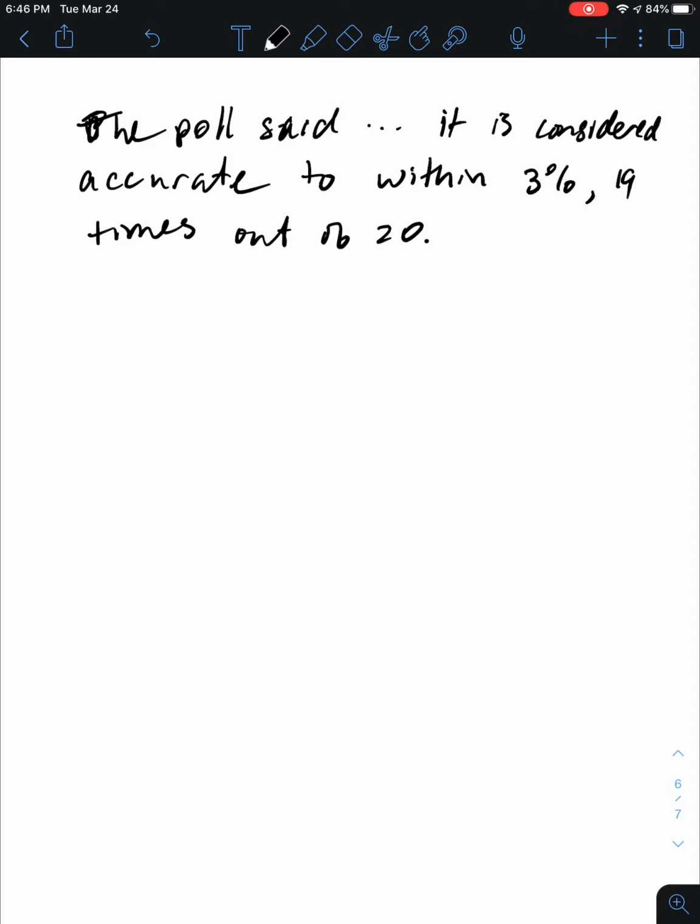So this part here, 19 times out of 20, is our confidence. How confident we are in our results. And remember, our confidence can never be 100% if we're doing samples, but we can be 95% confident. And that is exactly what that statement says. 19 times out of 20 means exactly the same thing as 95%.